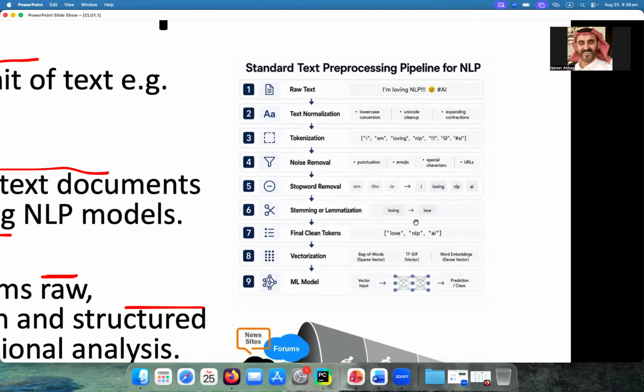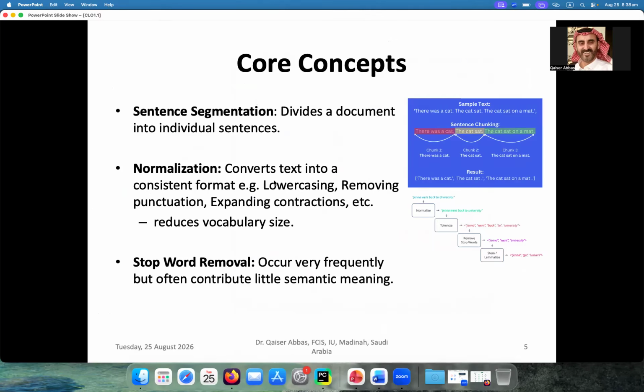And finally, our clean tokens will have what? Love, NLP, and AI left after text processing. After text pre-processing, the final clean tokens are left with these only. Other things are removed.